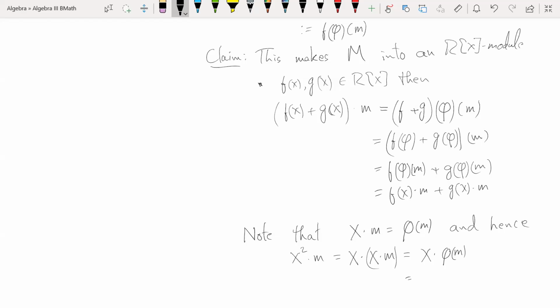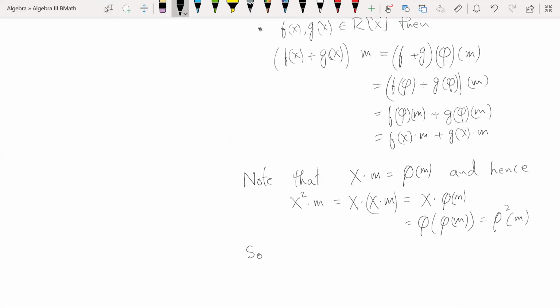But x dot phi(m) is going to be phi of phi(m), which is the same as phi squared (m). Okay.